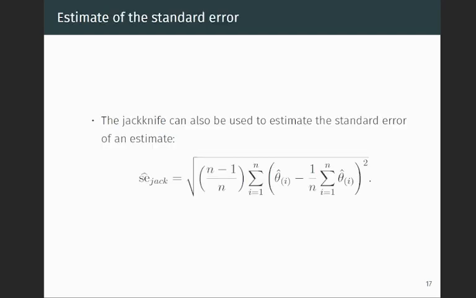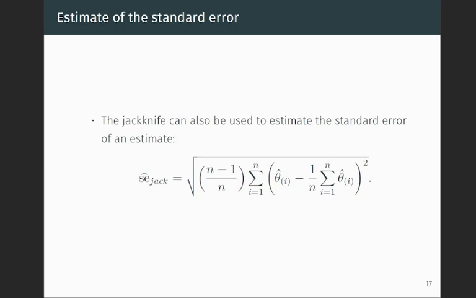Okay, so that was how to use Jackknife or resampling to estimate the bias. And then later on, Jackknife was extended also as a way to estimate the standard error of our estimate. And here the formula is a bit more involved, but it involves the same quantities as before.